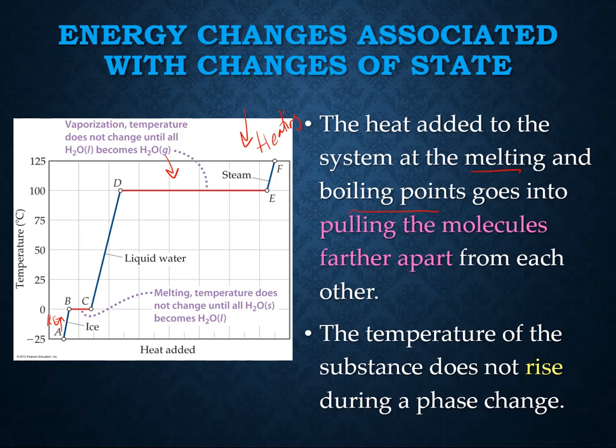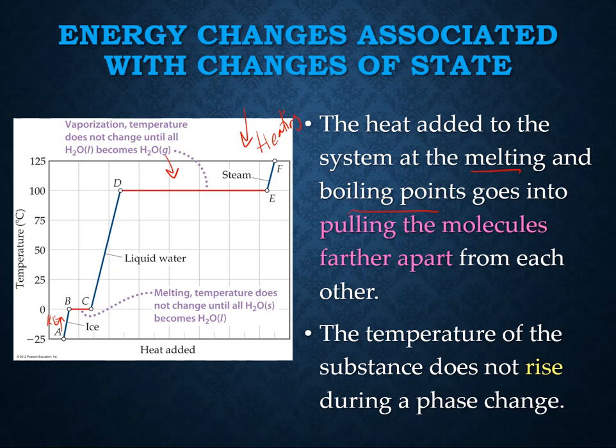So overcoming all those forces takes a lot of energy, and that's why that plateau is going to be a lot higher. The temperature, of course, of the substance does not rise during a phase change. It's using the energy to break apart the particles, pull apart those molecules, and space them out. So that's why we have plateaus versus slopes here on our heating curve.